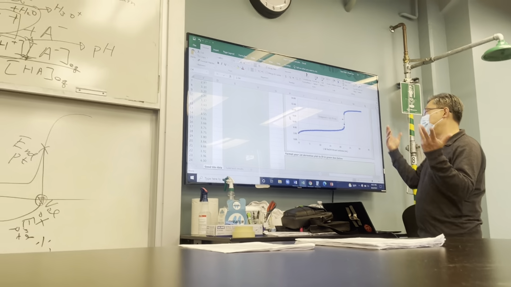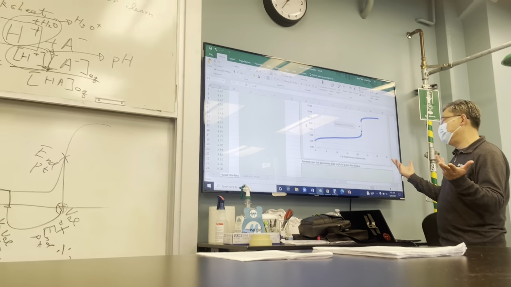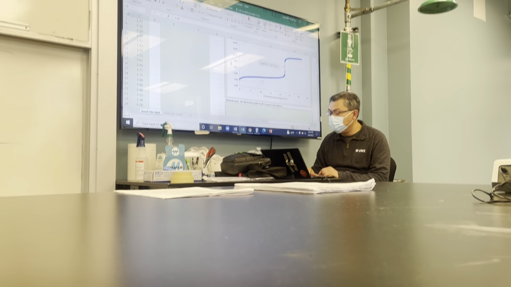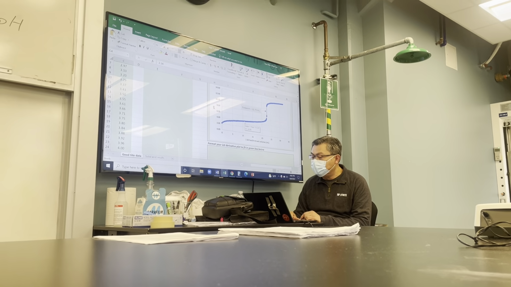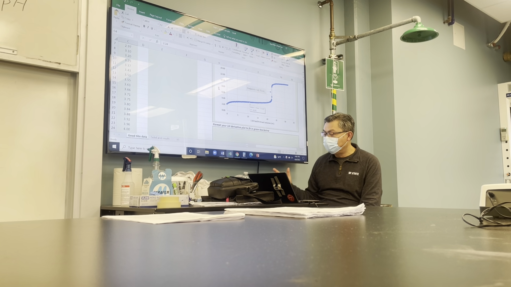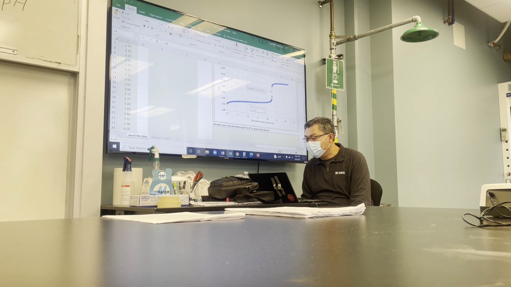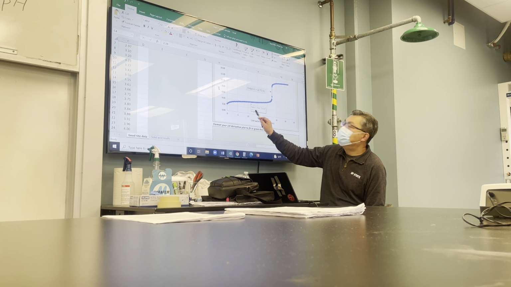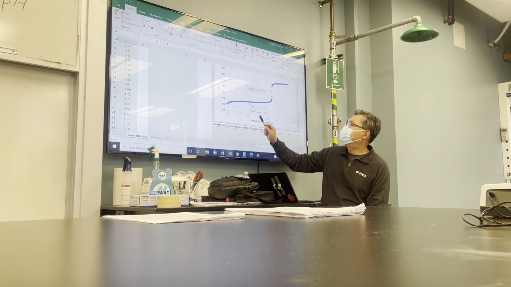So, using this example, 22.8 divided by 2 would be 11.4. So I will go to here, try to get, oh, okay, so 11.4. So I got 11.5, kind of close.